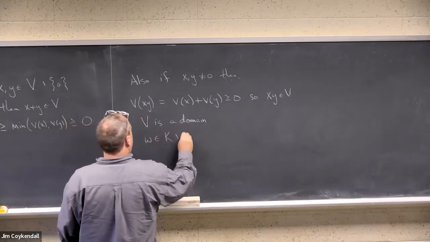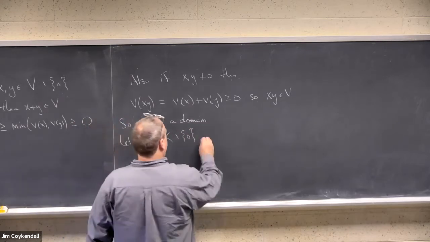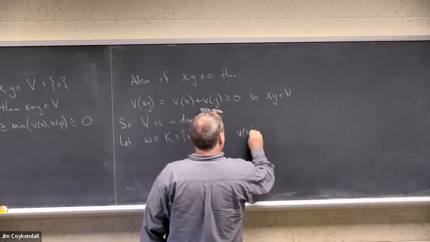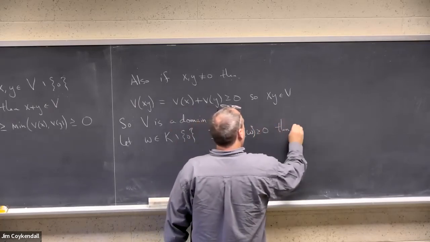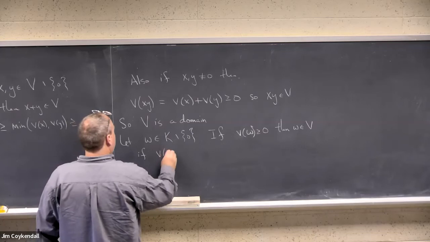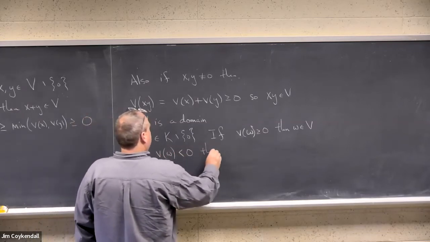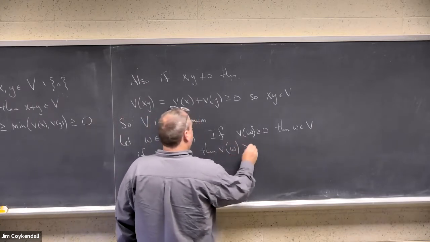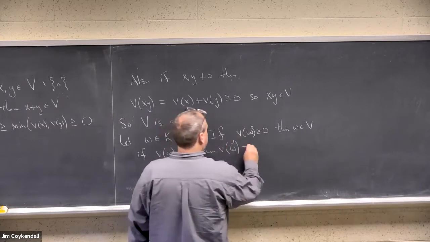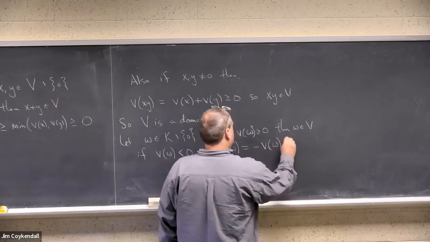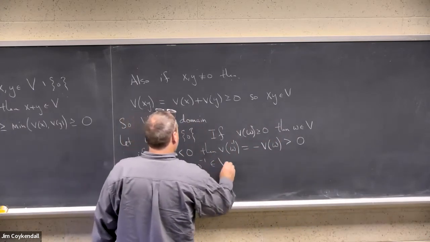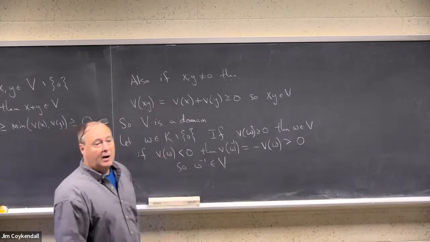So let omega be in K, say it's not zero. If the value of omega is greater than or equal to zero, then omega is in B. And if the value of omega is less than zero, then the value of omega inverse is greater than zero, right, because B contains everything of positive value.